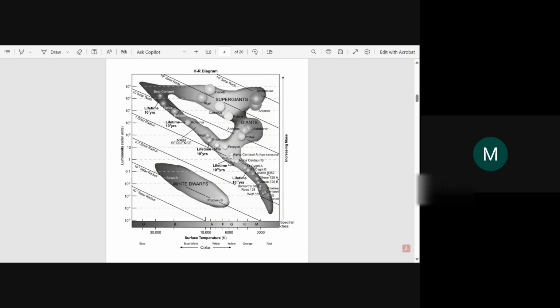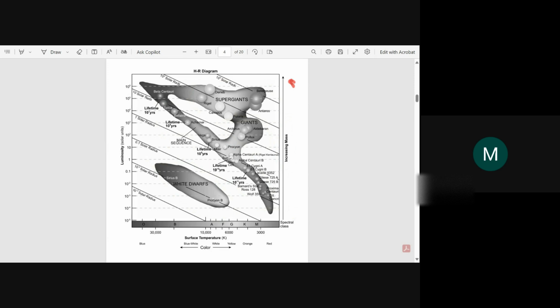Now, if you look on the right-hand y-axis, you have what they call increasing mass. Essentially, at the bottom you're going to have your smaller stars, and towards the top you're going to have your largest stars.